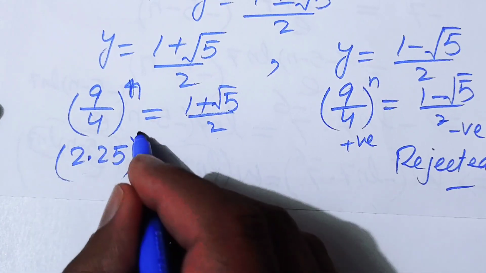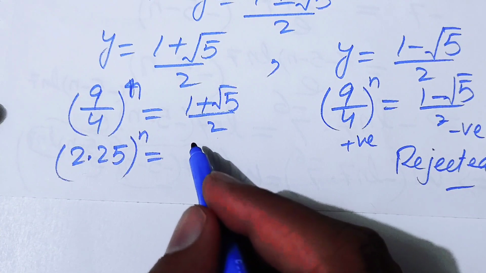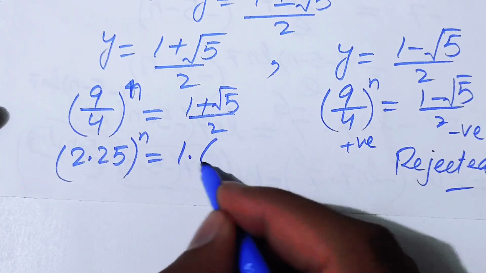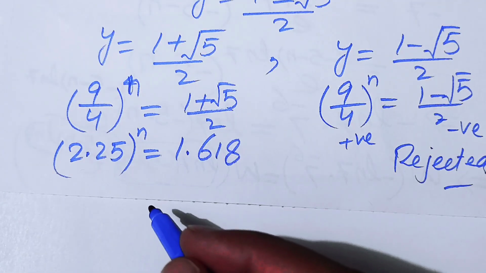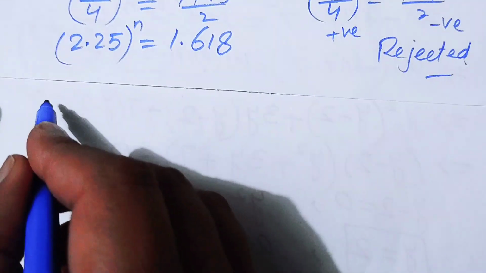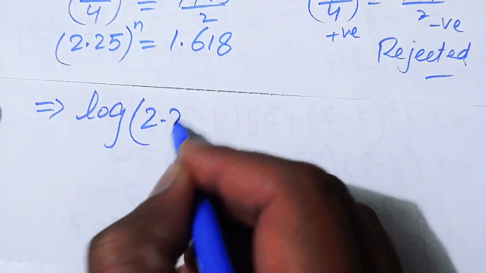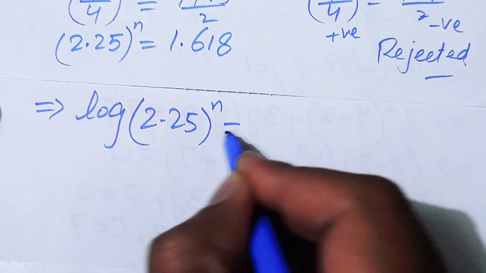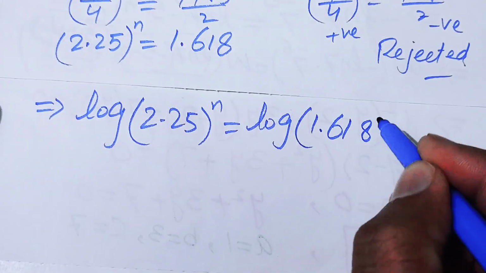You will get 9 over 4 is 2.25 and its whole power n is equal to 1 plus square root 5 over 2, which is 1.618. So now we can take the log on both sides, so that it is written as log of 2.25 to the power n is equal to log 1.618.